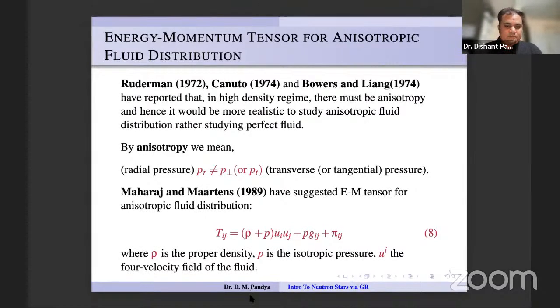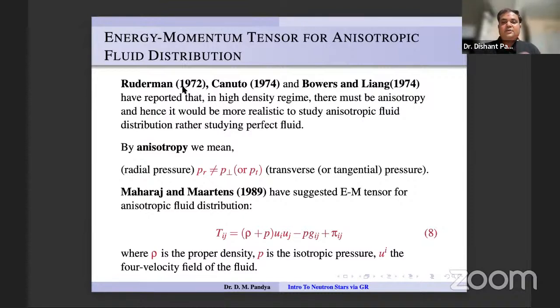Now why are people studying anisotropy? Because isotropy is there, but in 1972, for the first time, Ruderman and then Canuto, and Bowers and Liang in 1974, reported that in a high density region there must be anisotropy.